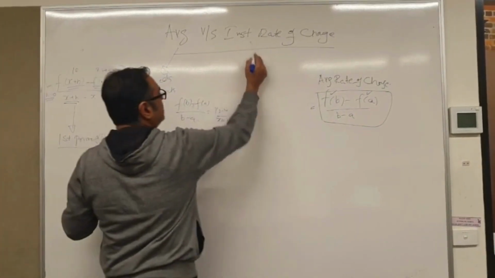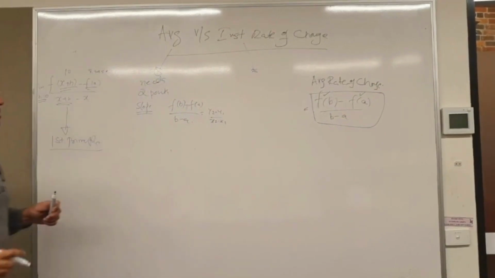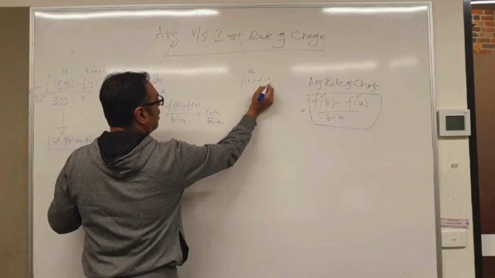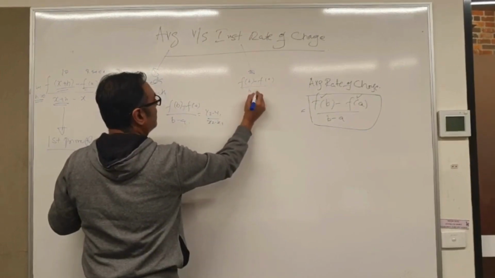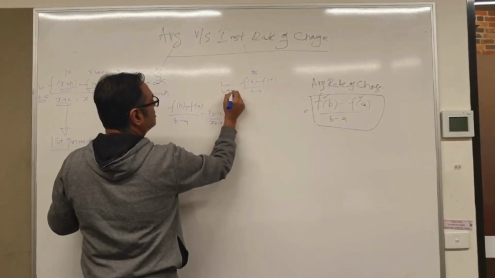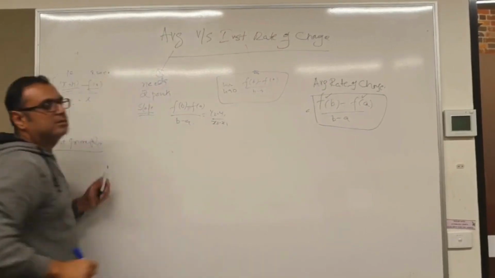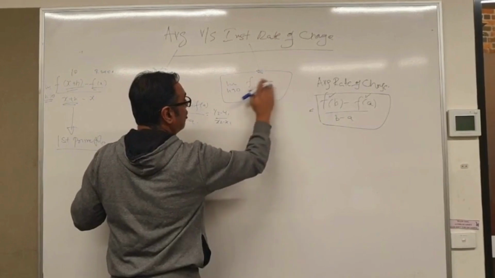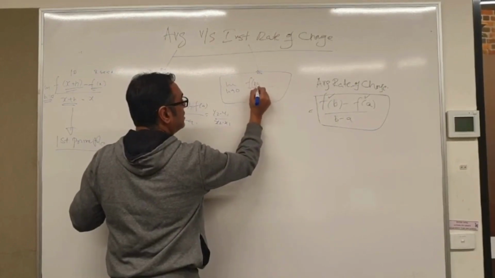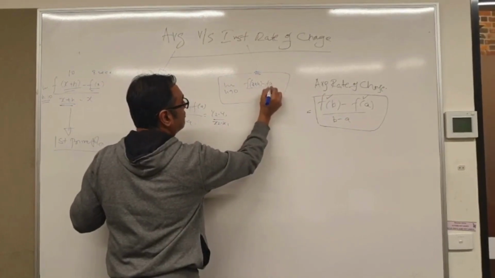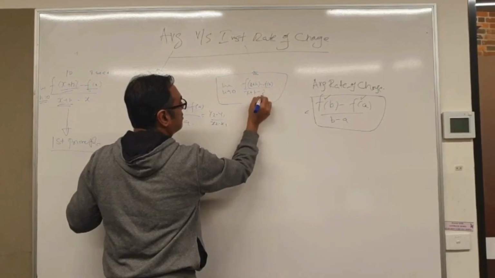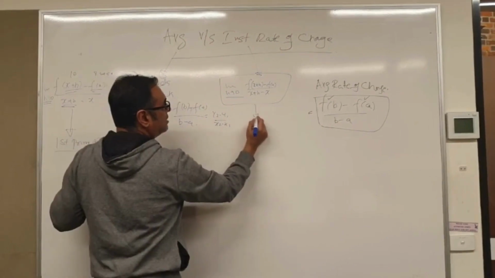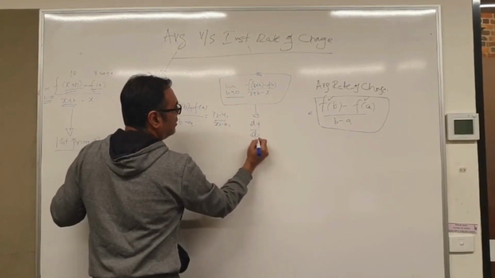Whereas the instantaneous rate of change is all this stuff here over b minus a, but with a limit, the distance is 0 between the 2 points. Or shall I say, if I were to rewrite in the form of first principles, f of x plus h minus f of x over x plus h minus x, where limit h tends to 0, this is nothing but dy by dx.